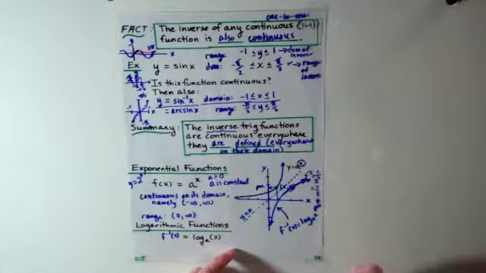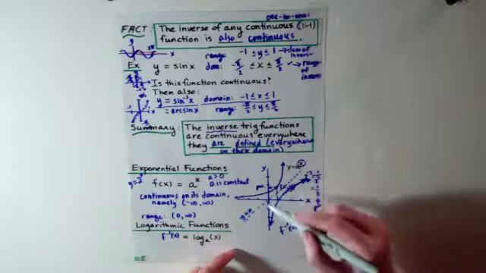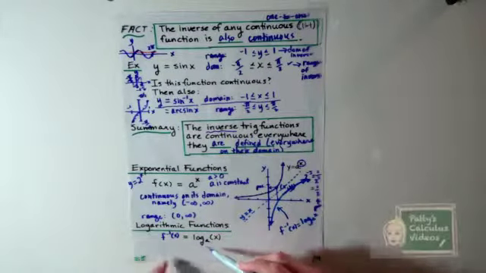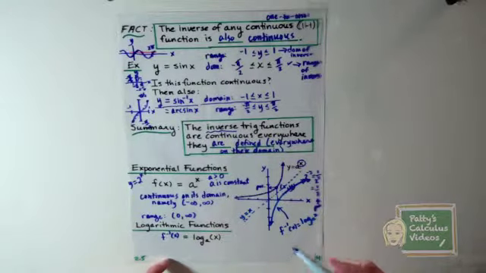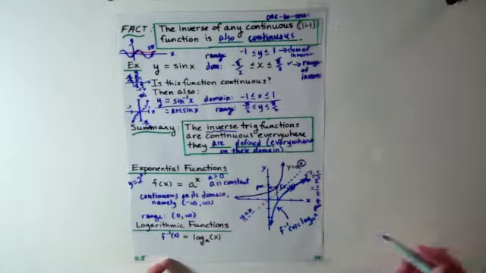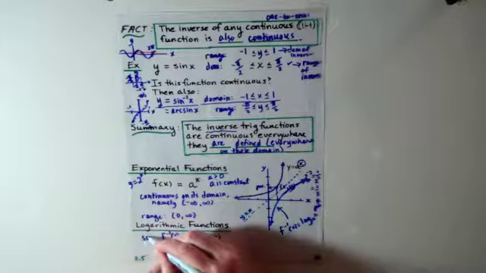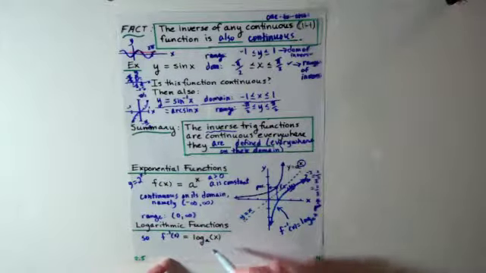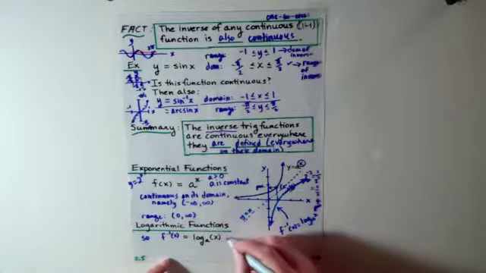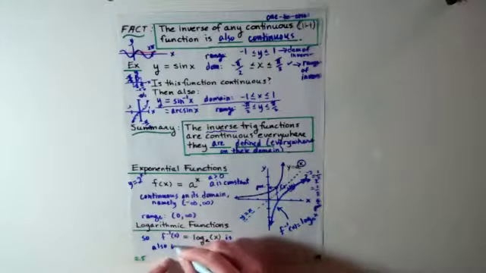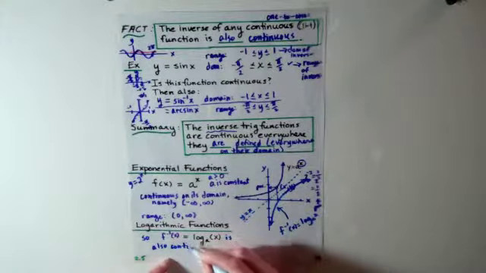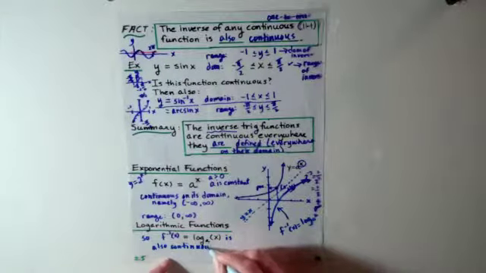It passes the horizontal line test. So its inverse, log base a of x, must also be a continuous function, at least on its domain. So what we could say then is that the inverse function, log base a of x, is also continuous on its domain.